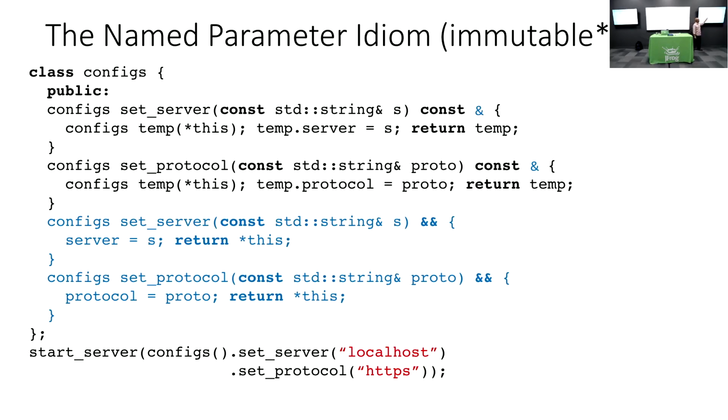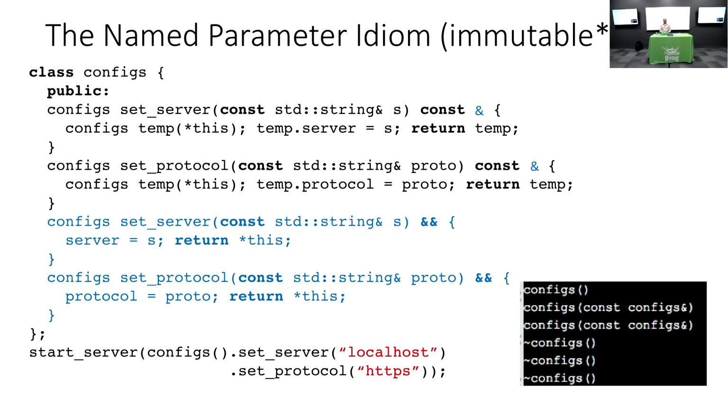If the configs object is a const one, then the first 2 functions will be called and a temporary copy will be made, and then a temporary of the configs object is created, and from that point onwards the functions in blue will be called, because the bottom functions are rvalue reference qualified. So if we take this program and run it, what actually happens is none of that I said was helpful in reducing the number of constructors and destructors called for the configs object.